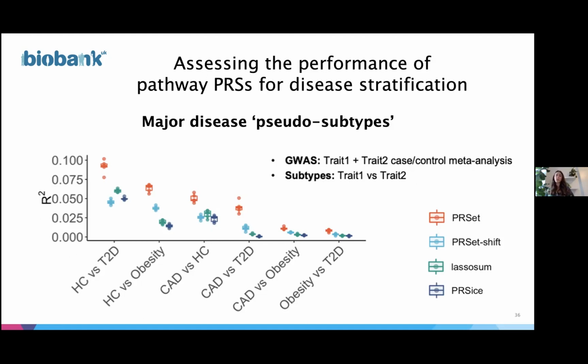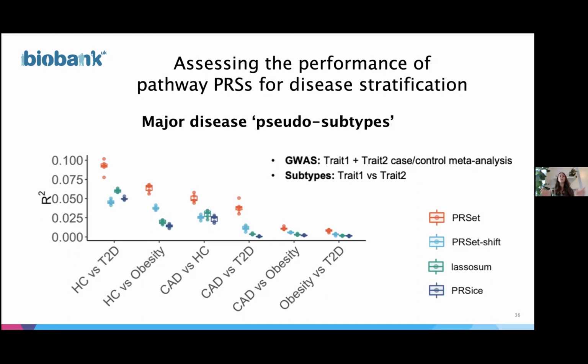So what we did was develop this PRSet-shift method, where we do the same as with PRSet, but here the gene boundaries are shifted 500 megabases. So that means that we are keeping the same number of pathways, the same number of genes within the pathways, everything, all the statistical approach is the same, but we are missing all the pathway and the gene signal.